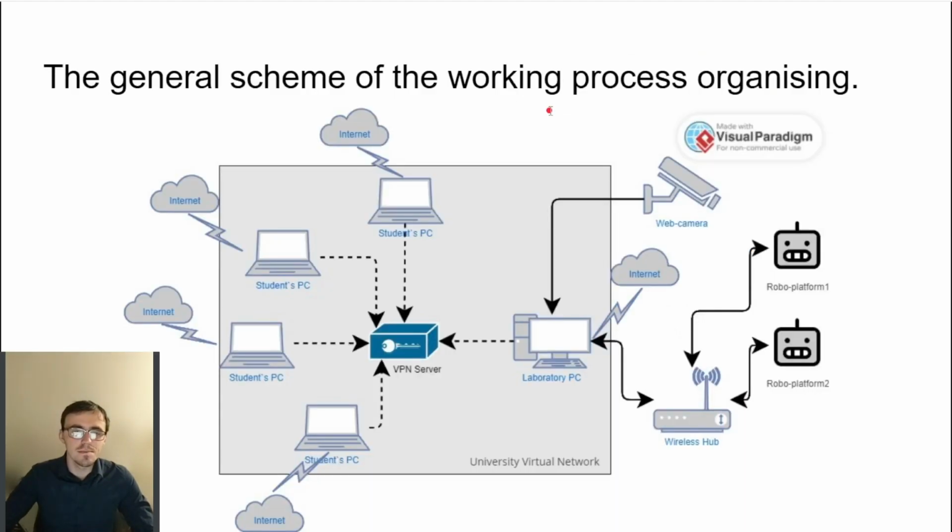On this slide, you can see how we organize the online educational process. During the online practical classes, all students are connected to our university VPN network as is the laboratory personal computer. On the other side, the laboratory PC has a connection to a wireless hub and a web camera.